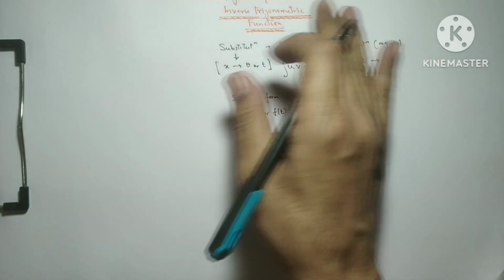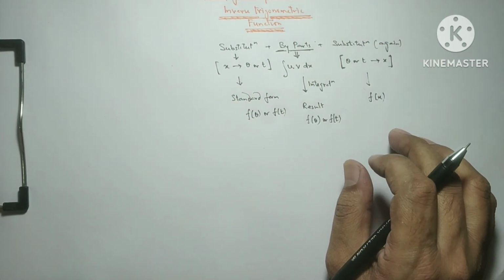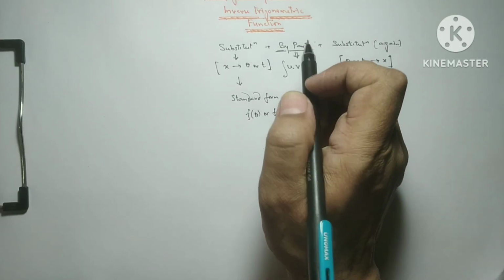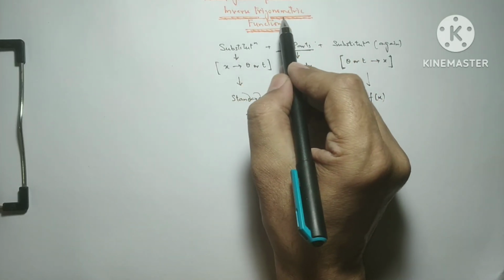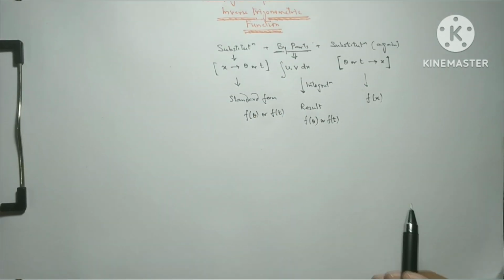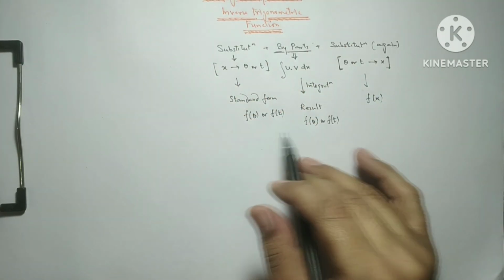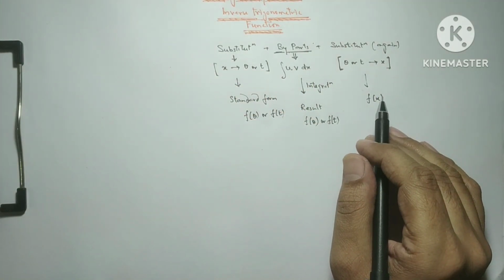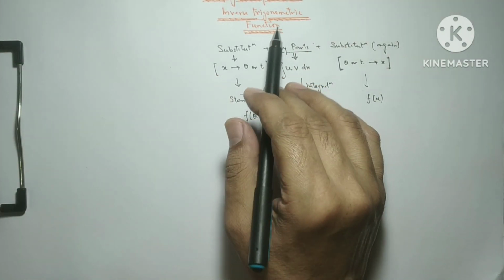So this is the whole scenario which will be used by us for the integration of inverse trigonometric functions. So on the basis of this working method we will integrate inverse trigonometric function.